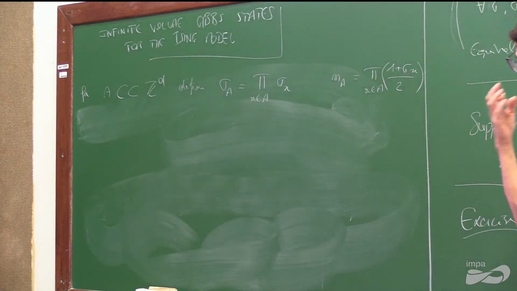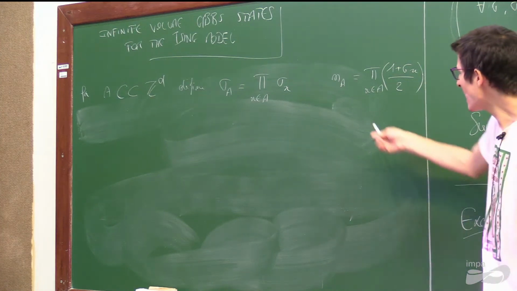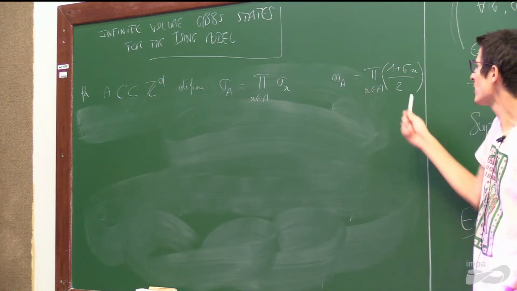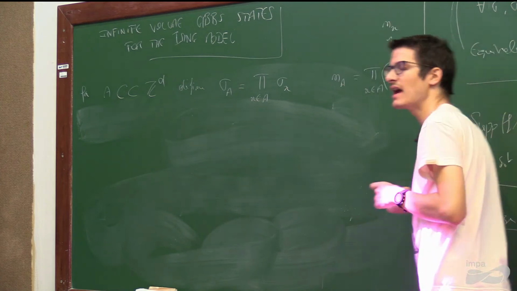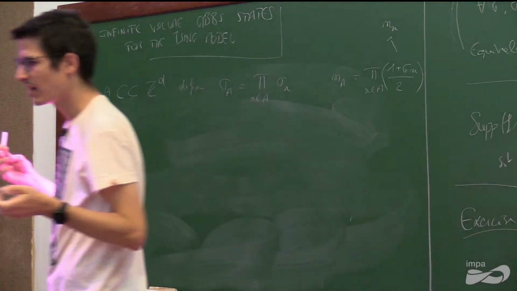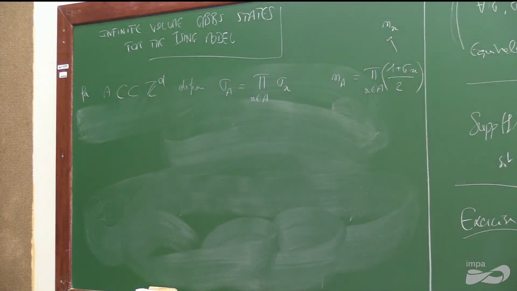So sigma A is just the product of all the spins in the set A. For n A, it's the product of these things, which I will call n of x, and n of x is just the indicator of plus spins. So n of A is equal to 1 if all the spins in A are plus, and equal to 0 if not.